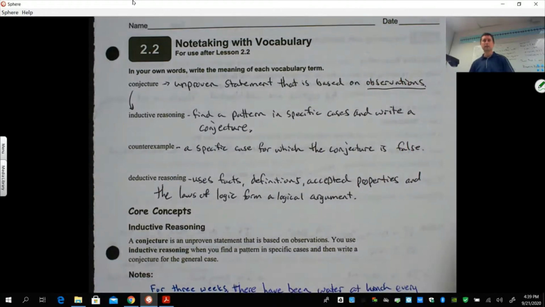Okay, this is one using the rules, basically using the rules.